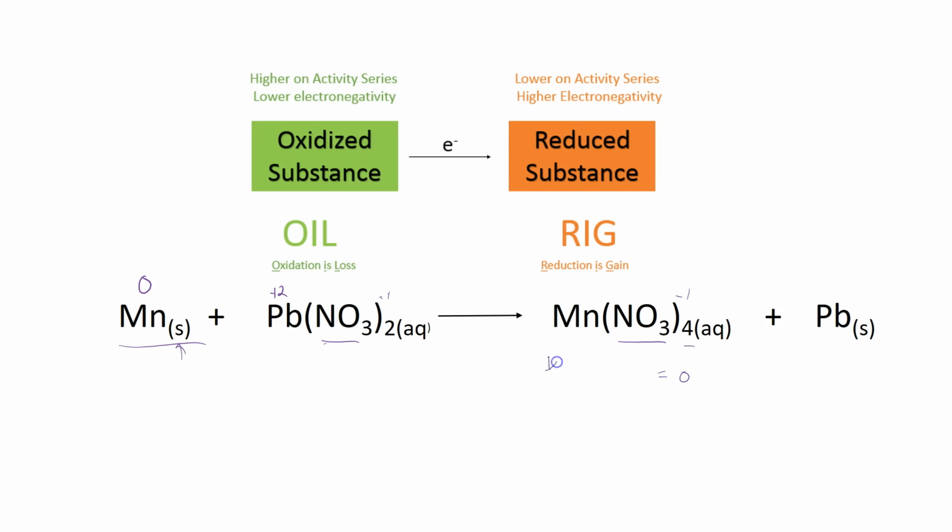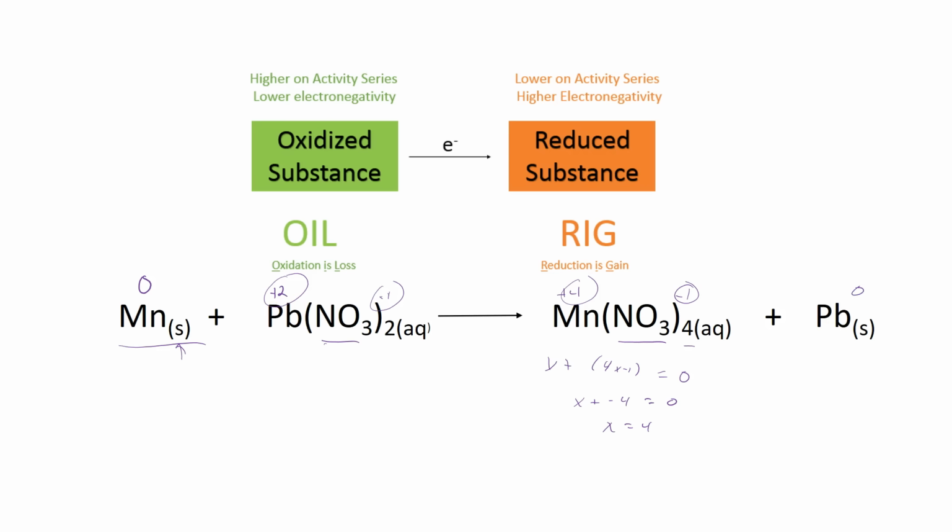So I'm going to take x plus 4 times -1 equals 0. X plus -4 equals 0, x equals 4. So manganese is a +4. That's a -1, +4, -1, +2. All right. This is elemental lead, right? So that's a 0. And there's my oxidation numbers.